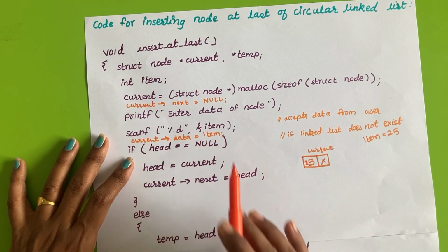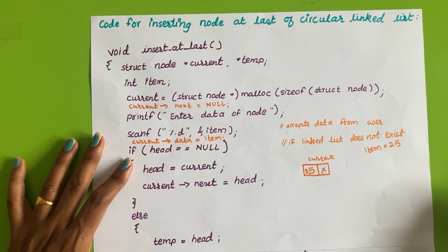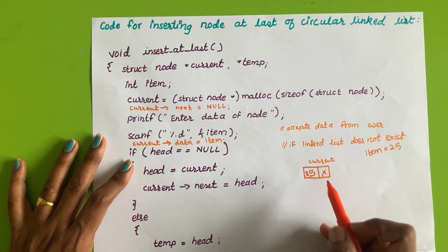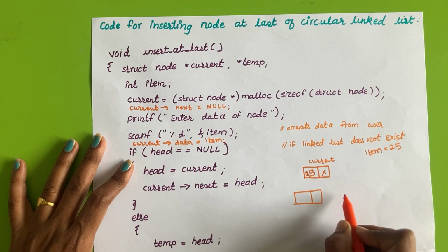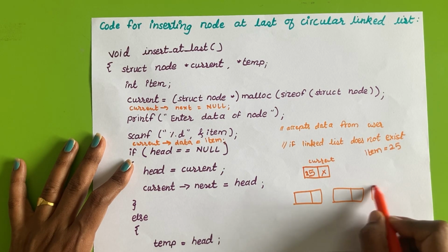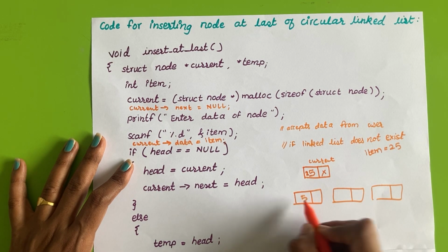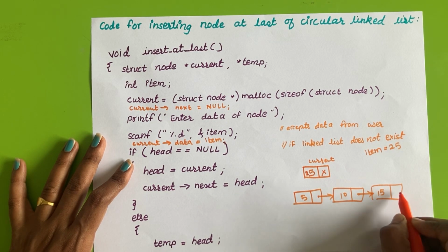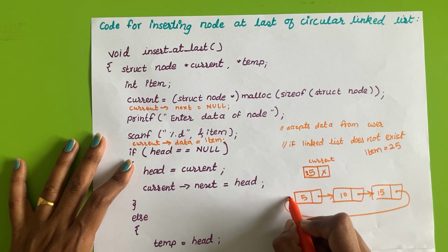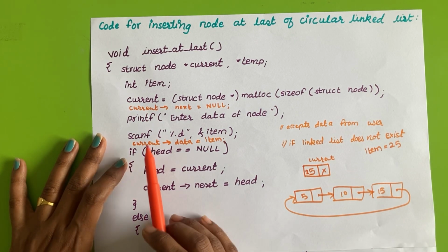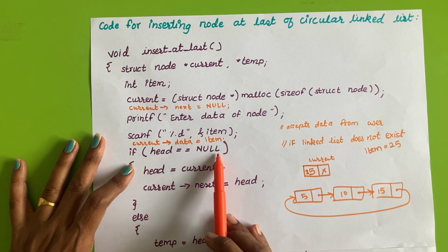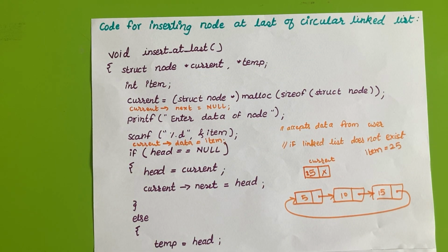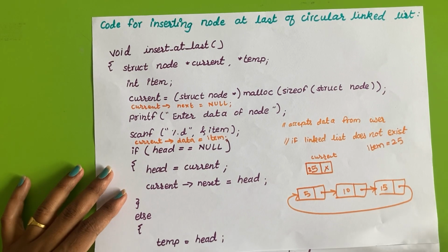Okay, now next condition, we want to insert the newly created node, that is current node, at the last of the linked list. So we have to check whether the linked list is present or not. Okay, so first condition is always we have to check that if head is equal to null, then we have to assign the newly created node as a head of the linked list.